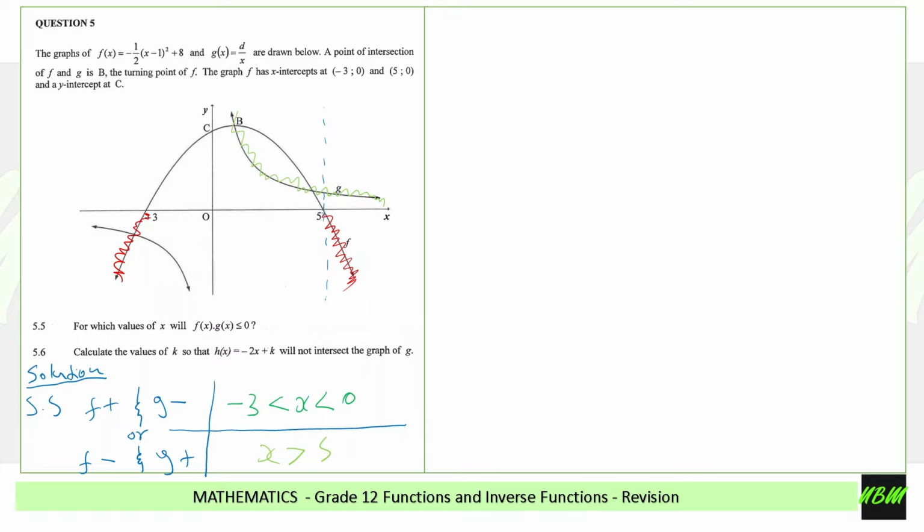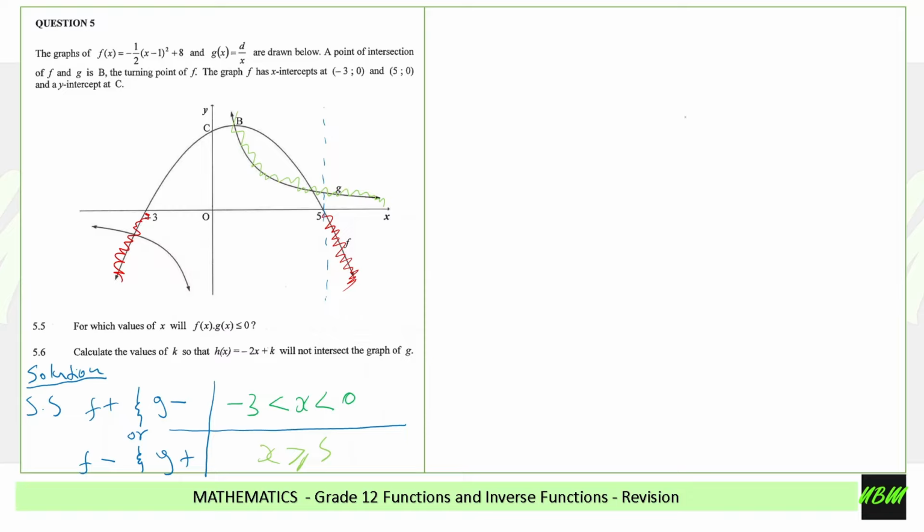So 0 multiplied by the positive value of y in the graph of g, where x is equal to 5, will give us 0. Therefore, 5 will be included in the solution. Then we can say x is greater or equal to 5.